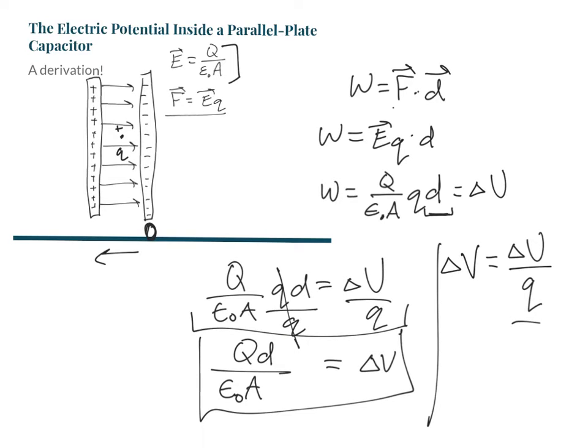Now this equation is commonly left in a different form, where instead of putting Q over epsilon naught times A, we leave it in the form of electric field, and you say electric field equals delta V over D. This iteration of the equation can be easier to use when you're just looking at the potential difference across the capacitor and you need to find the electric field.